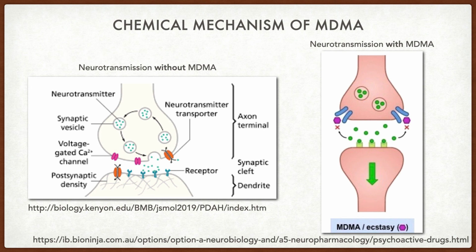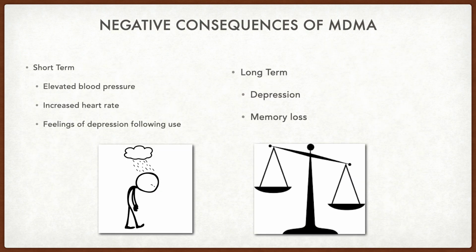And this is where large feelings of euphoria are felt because of the large influx of neurotransmitters that can be bonded to receptors on neighboring neurons.